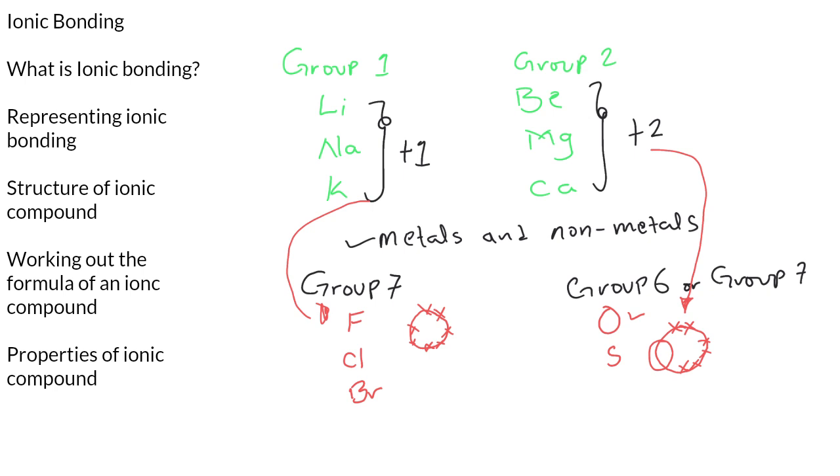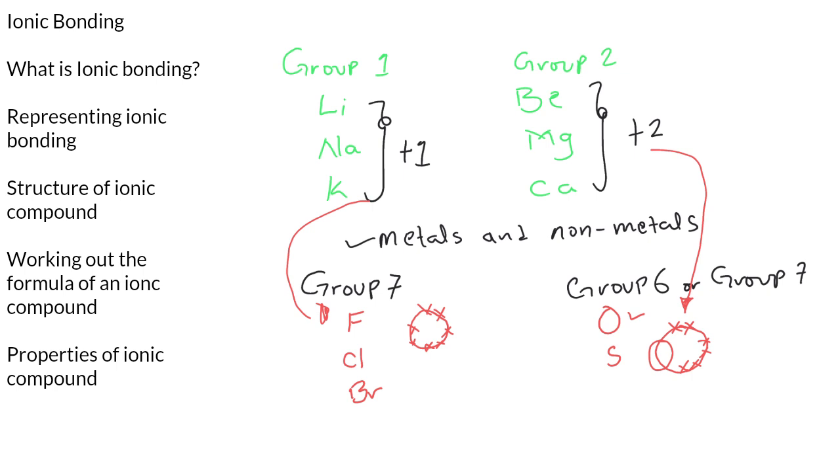So the first thing about ionic bonding is that it is between metals and non-metals, and you have seen examples of the metals and non-metals that can form ionic bonds. Another thing to keep in mind is that it involves the complete transfer of electrons.